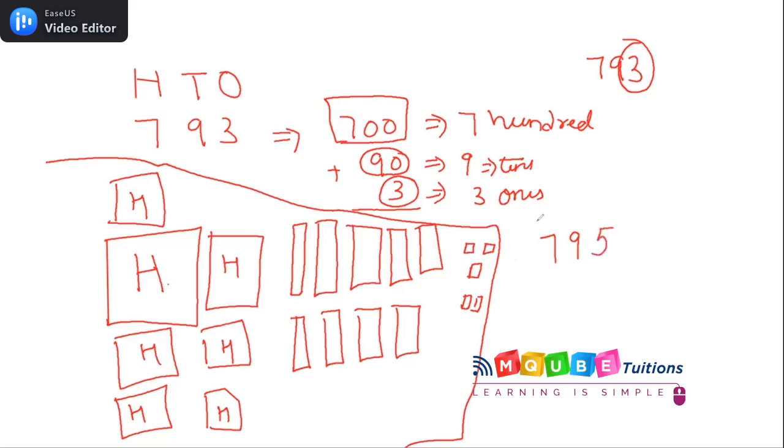Very good. Excellent. So now you know how to expand the number, how to draw the blocks out of it, and how to read a number from blocks. Correct? Okay, let's go to this book and let's try to find some questions for us. Well done.